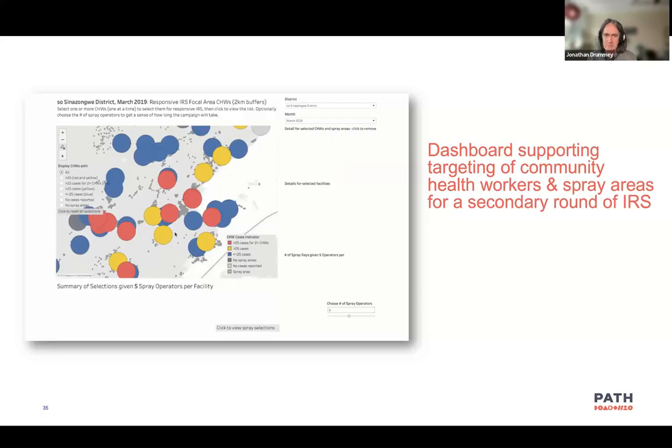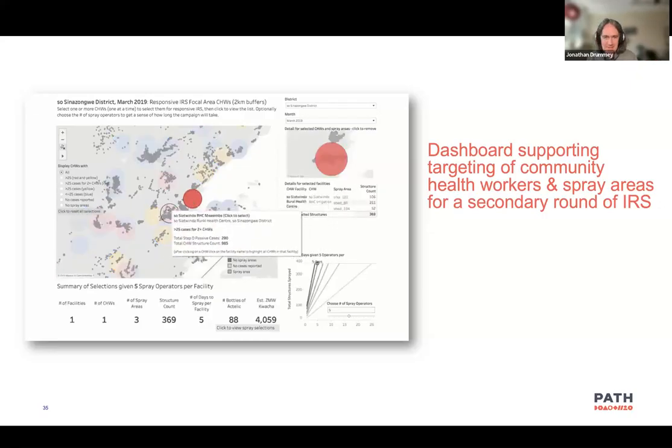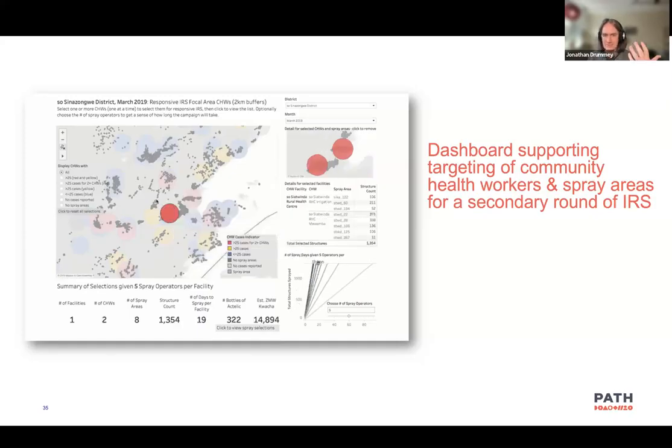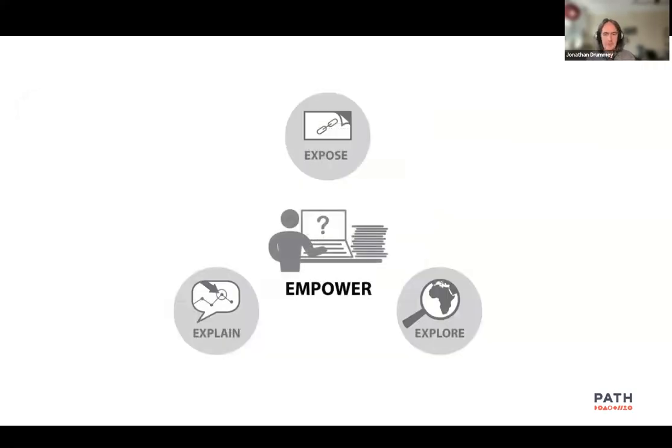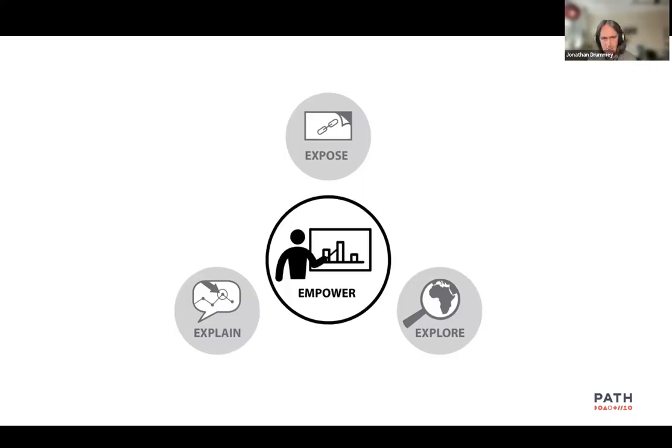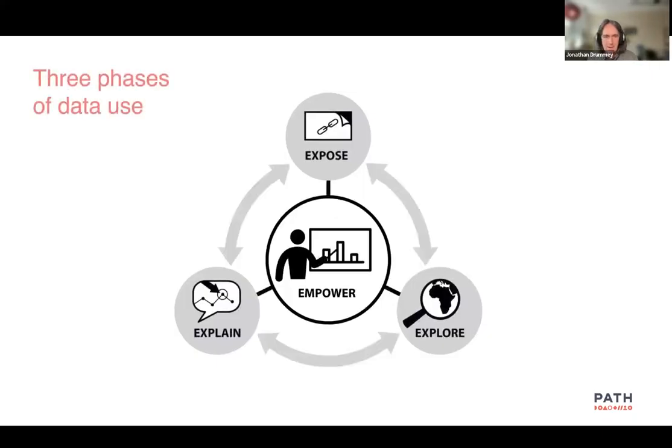So very actionable visualization that ultimately gets us to a list of who we are going to be working with. And ultimately, we're doing all of this, thinking about it in this way, so we can empower those users of our visualizations and give them what they need. So those are the three phases of data use.